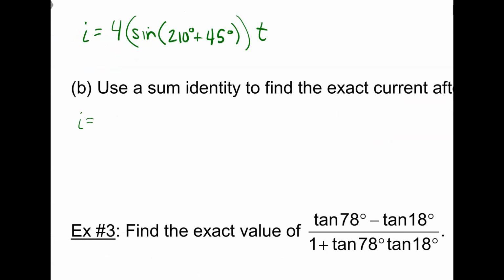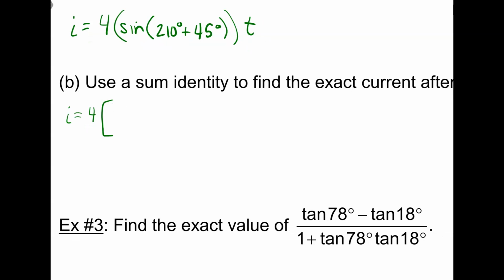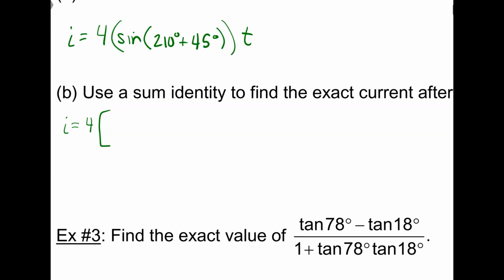So I have I equals 4 times sine of the sum. The sum identity is going to be sine of 210 degrees times cosine 45 degrees plus cosine 210 degrees times sine of 45.